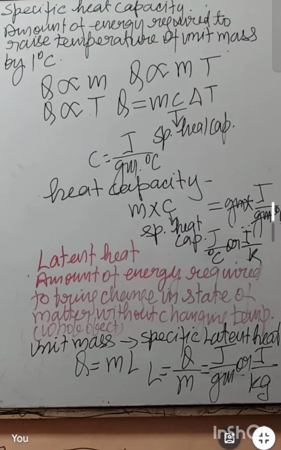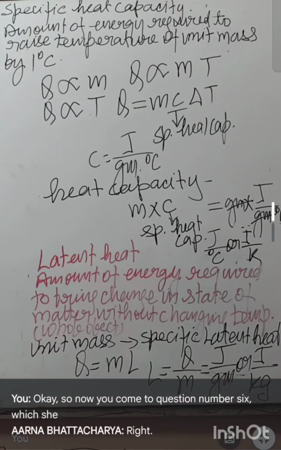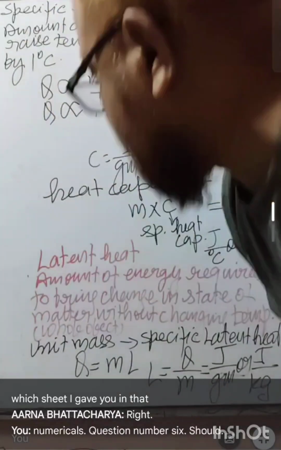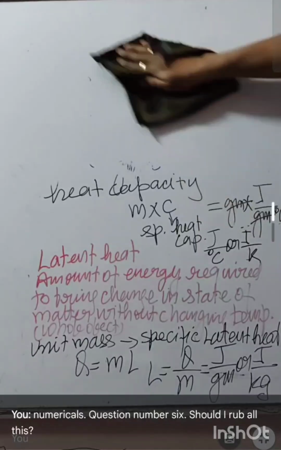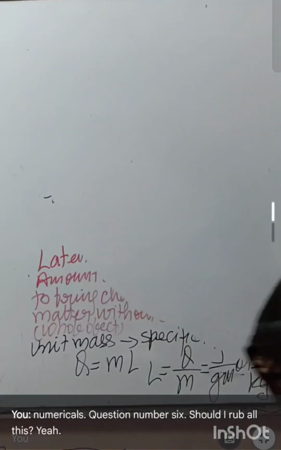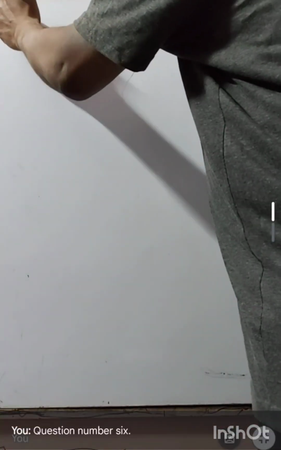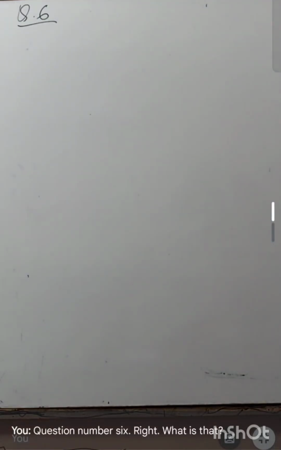Okay. Done. So now you come to question number 6, which sheet I gave you in that numericals. What is that?